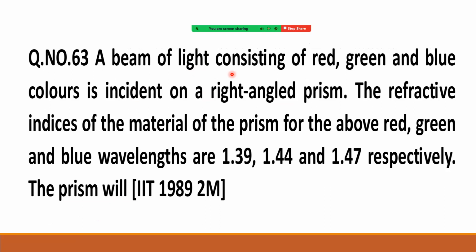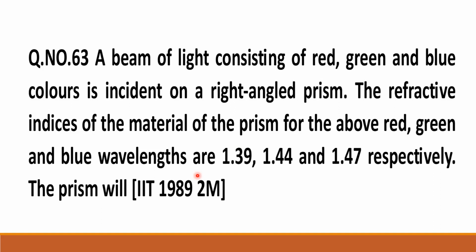A beam of light consisting of red, green, and blue colors is incident on a right angled prism. The refractive indices of the material of the prism for the red, green and blue wavelengths are 1.39, 1.44 and 1.47. So these are the refractive indices.